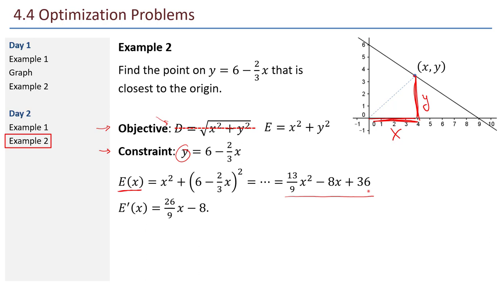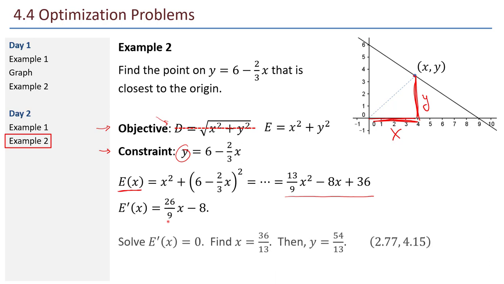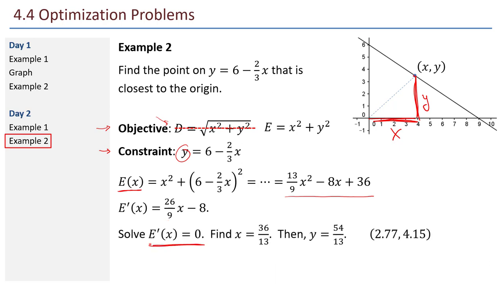Now that I have the derivative of e, what's the next step? Now I want to set that thing equal to 0 and solve. Solve when is the derivative equal to 0. And it turns out, again, just a little bit of algebra, the derivative equals 0 when my x is 36/13 and when y is 54/13.